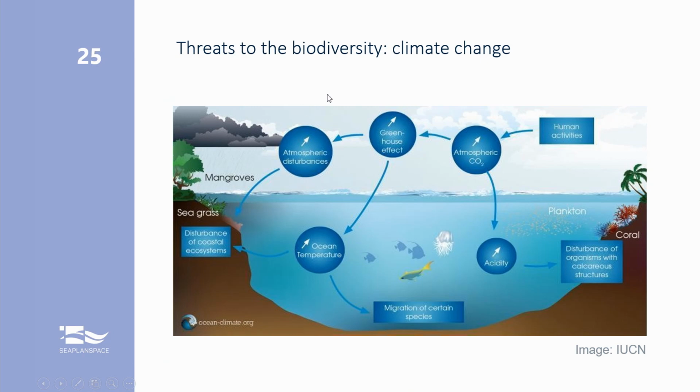Another threat to biodiversity on a very general level is connected to climate change. As we know, the ocean is our planet's thermostat, and it's closely linked to the global climate. With climate change, we have rising temperatures, which are responsible for melting glaciers and polar ice. That leads to rising sea levels. It can possibly threaten people living in low-lying coastal areas.